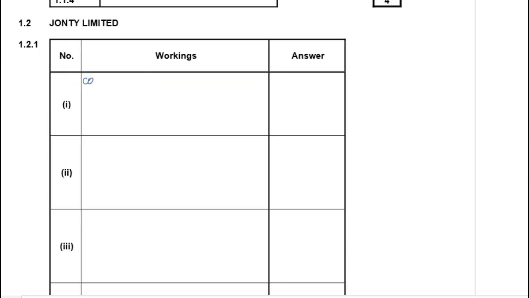First, we write out the formula: cost at the beginning of the year plus additions at cost minus disposals at cost is equal to cost at the end of the year. Cost at the beginning is what we are looking for.